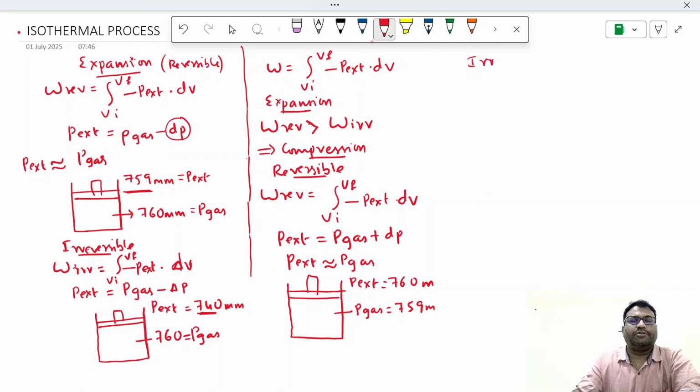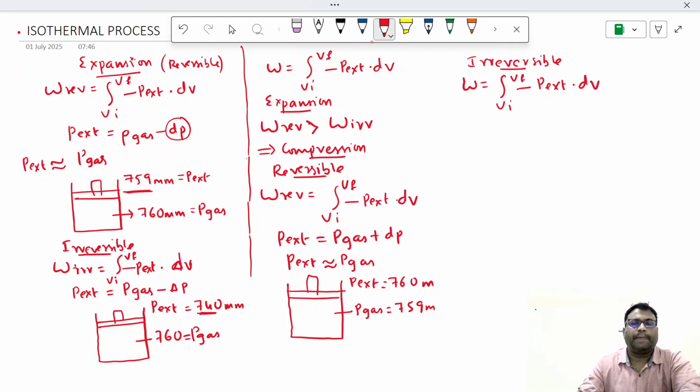Coming to the irreversible process, again work done is equal to V initial to V final minus P external into dV.